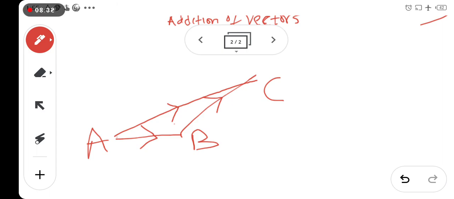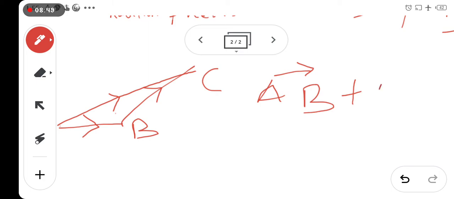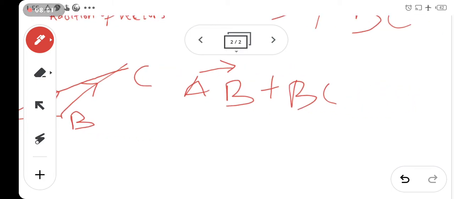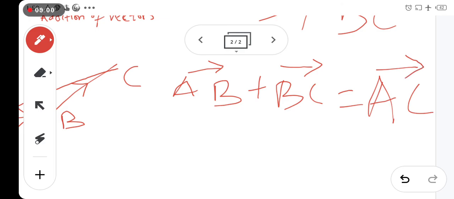Now how do we know where to put the arrow? I'll show you a simple trick. We have that AB plus BC is equal to AC. There's a simple way of doing this.